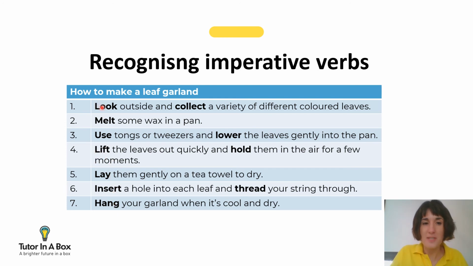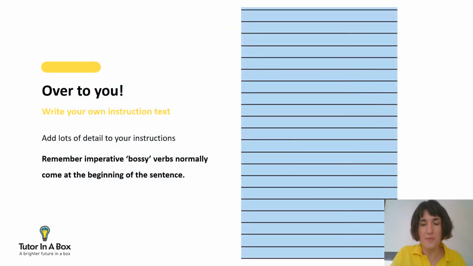Okay, so most of the sentences start with them, and when we've got 2 things you need to do in the instructions, they're joined by the conjunction and, and the second imperative or bossy verb comes straight after and. So and collect, and lower, and hold, and thread. So I want you to think very carefully about what you've learned so far or recapped on about imperative verbs, and it's over to you now.